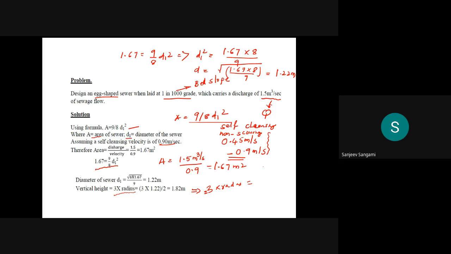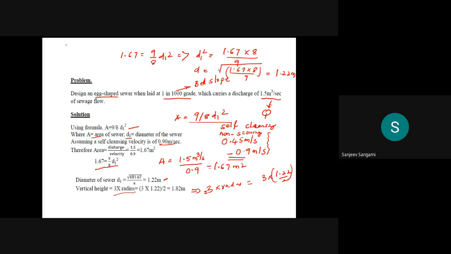So 3 times 1.22 divided by 2. Why am I dividing it by 2? Because here it is radius, but we got diameter. The vertical height we got is 1.82 meters. So then we got finally the height.